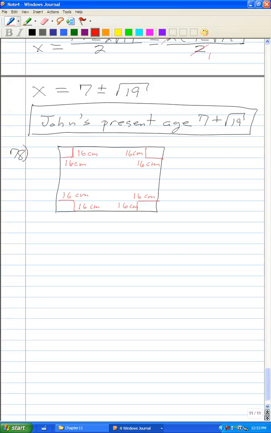Okay. The edges are turned up to form an open box, and so you're going to actually turn these up so that you're going to get some sort of box from this.